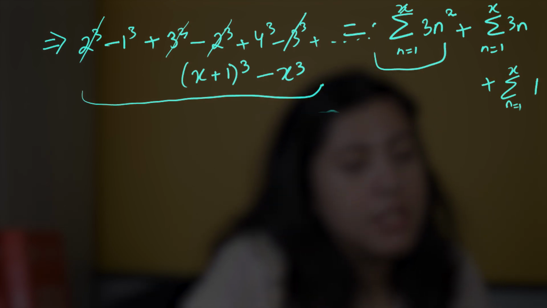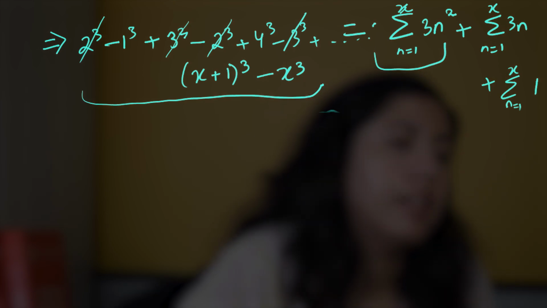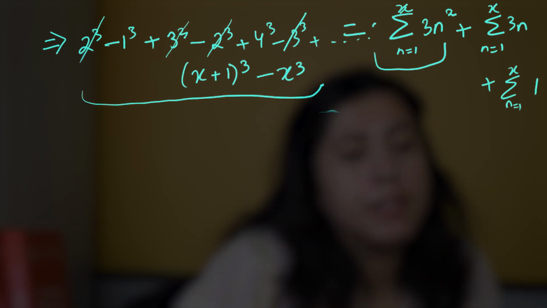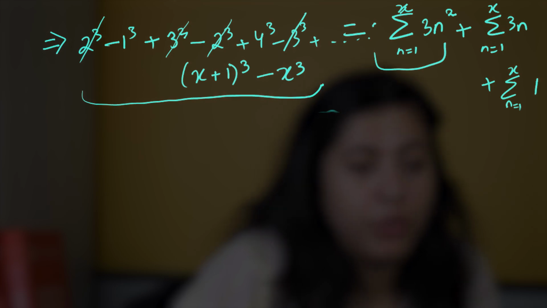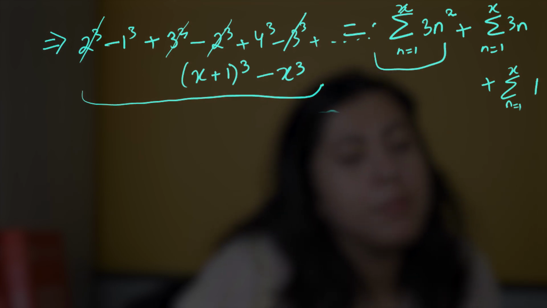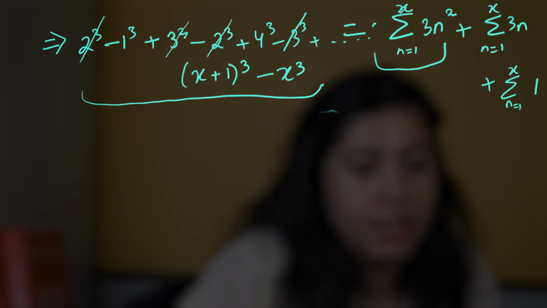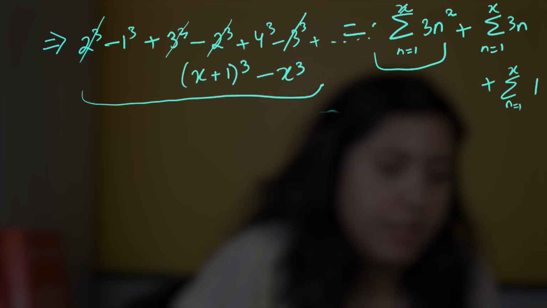Let's figure out what is the right hand side. That will be given as summation of 3n square, n is equal to 1 to x, plus summation n is equal to 1 to x of 3n plus summation of 1 going from 1 to x.